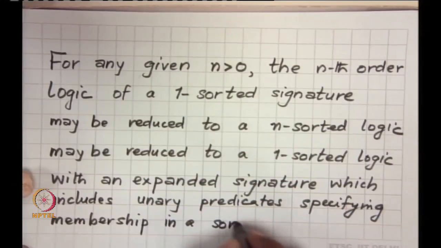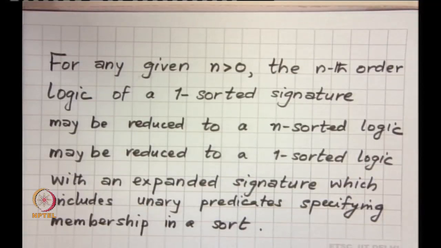And of course, correspondingly all the quantified formulae have to use this transformation which specifies the sort as a unary predicate. Yeah, that is how one would do it for any n.